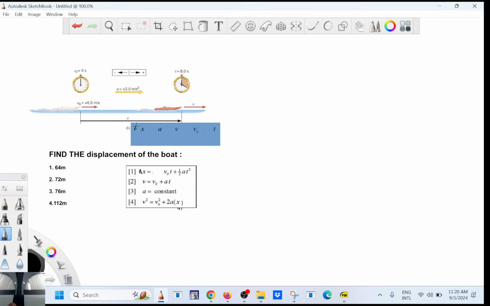They want the displacement, so I'm going to put a question mark here. Acceleration is 2. Initial velocity is 6. Time elapsed is 8. And here IDC, I don't care. So I need an equation with delta x, acceleration, initial velocity, and time.